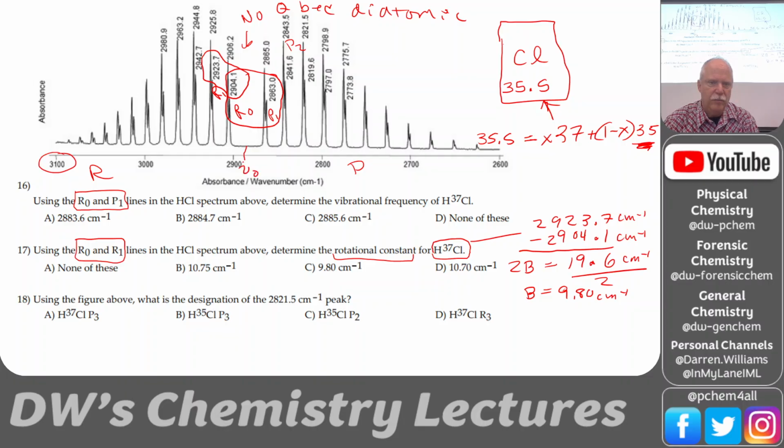Nu 0. So it's right in the center. So you're just averaging those two numbers, which would give you the vibrational frequency right in the middle. It's kind of interesting. This is the spectrum of the fundamental of that vibration, and yet there's absolutely no peak where Nu 0 is. We have the rotational structure on both sides, but there's no peak where Nu 0 is.